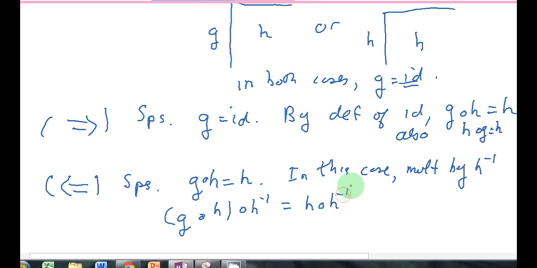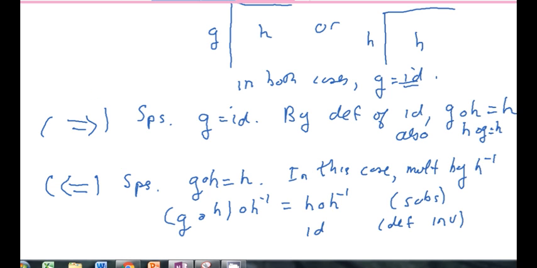We can just call this substitution or whatever you want to call it. It's just doing the same thing to both sides of the equation. Now let's simplify. H composed H inverse is the identity by the definition of the inverse. And we'll leave this side the same. Let me scroll down a little bit so we can keep track of this.